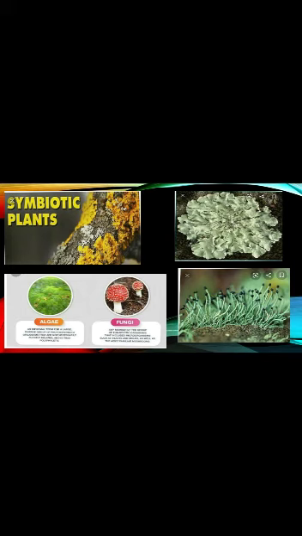Now, for example, we can see this type of nutrition in fungi, then in lichen. Fungi grow around the roots of some other plants, which we have already seen many times. The fungi grow on any type of host or near the roots of some other plants.